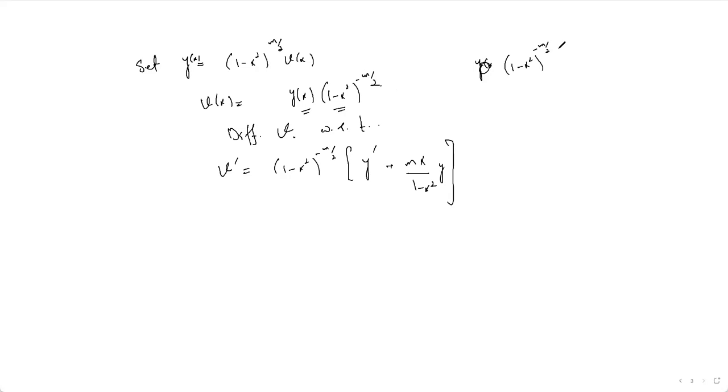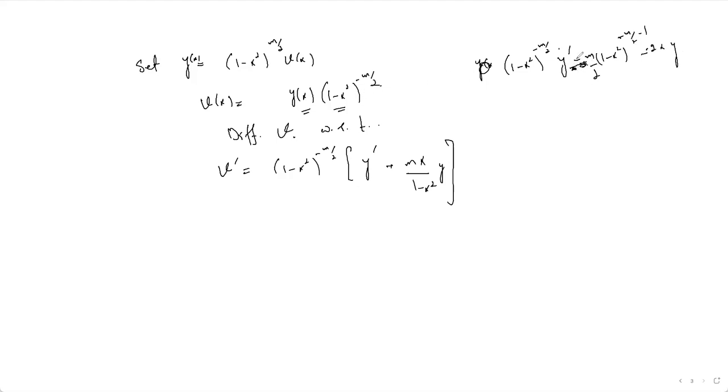I am keeping it as such, and then y prime, plus, taking the differentiation of this, it will be (1 minus x squared) raised to power minus m by 2 minus 1, but here minus m by 2 will also come, minus m by 2 into (1 minus x squared) raised to power minus m by 2 minus 1 into minus 2x into y.